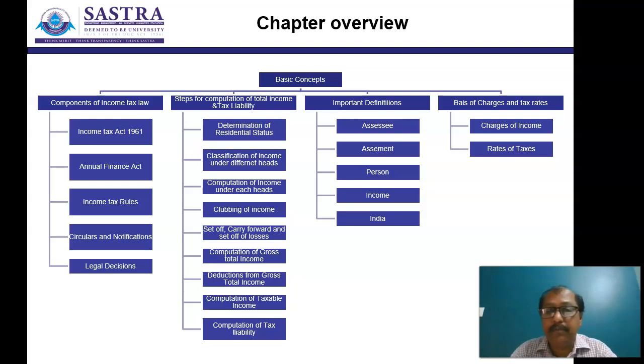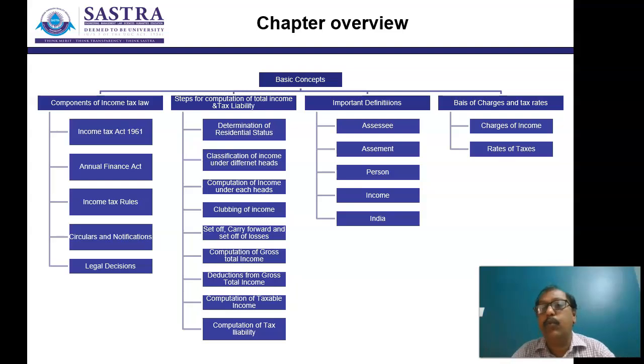And before getting into that part, we need to understand some of the important definitions given as per the Income Tax Act. I have just made a list of some important definitions on the screen as of now, but we will be discussing more about these definitions in detail as we progress.